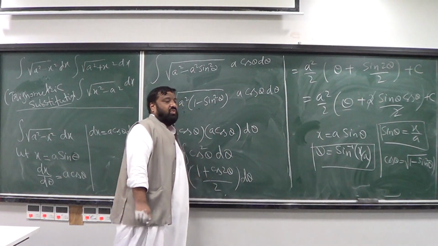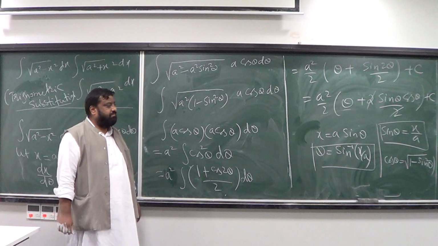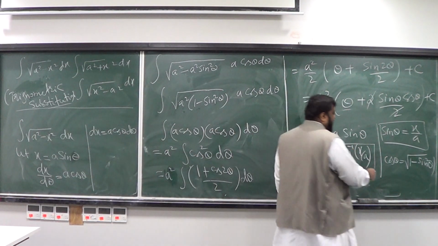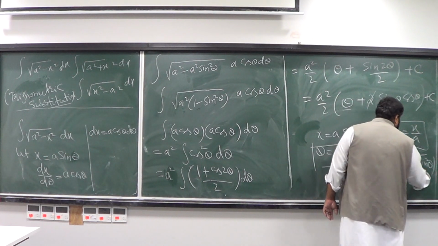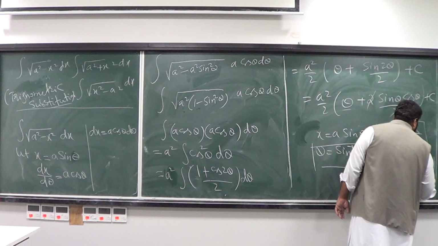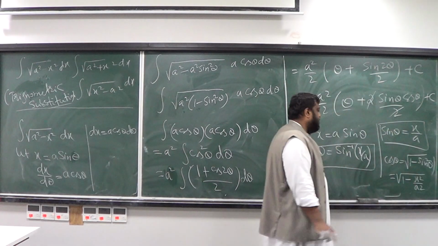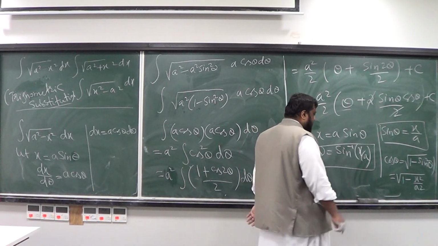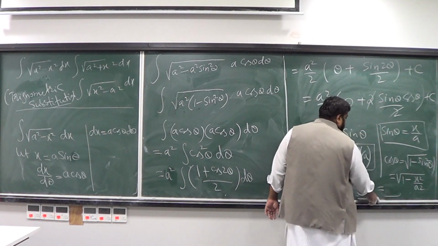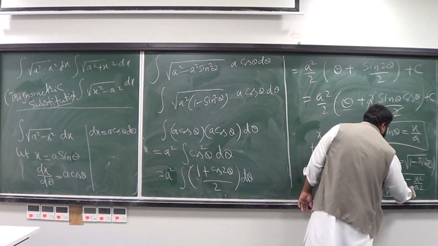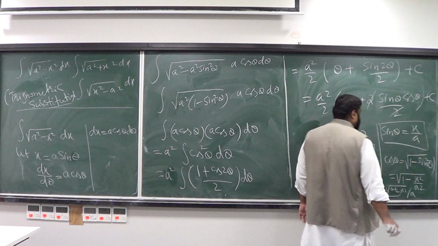On the place of sine theta, you can substitute again x over a. So you're going to get 1 minus x square over a square, and if you simplify this a little bit more, take LCM, it's going to be the square root of a square minus x square divided by a.